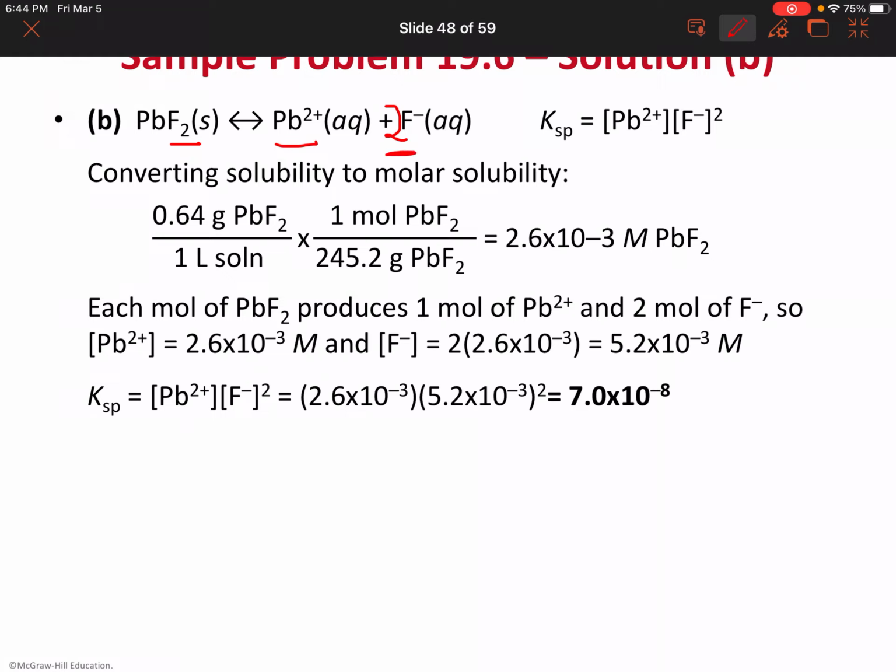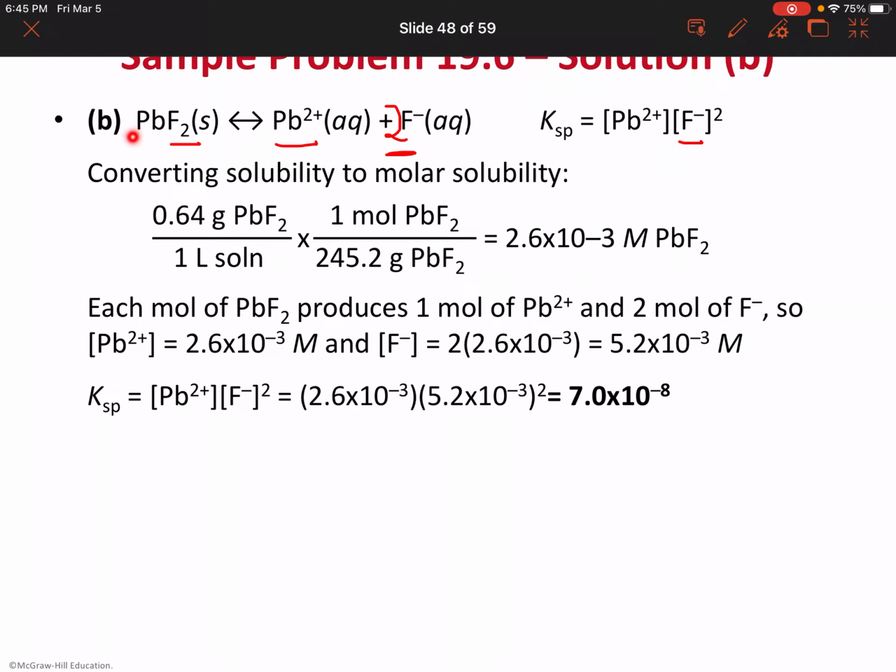So when you write the KSP, that would be lead 2 plus and fluoride ion raised to the power 2. We were given 0.64 grams lead fluoride per liter. Converting it to moles by using the molar mass of lead fluoride gave us the concentration for lead fluoride as this. And then we need to find out what are the concentrations of lead and fluoride according to this equation.